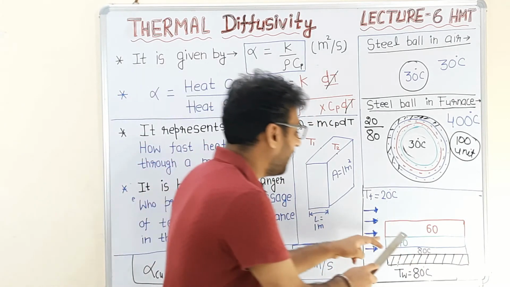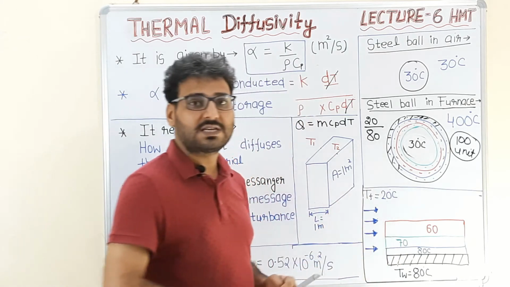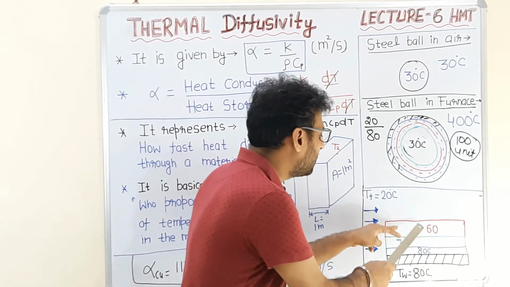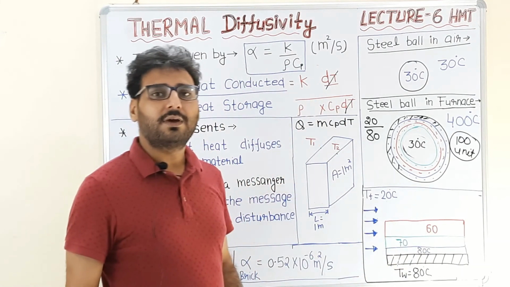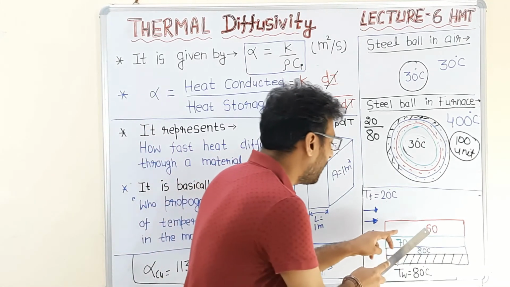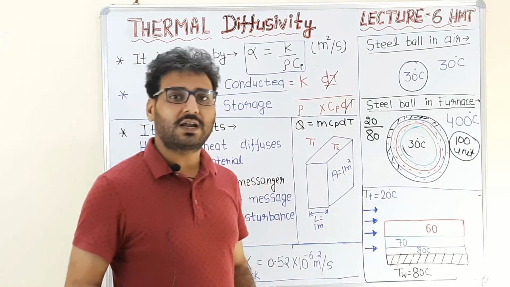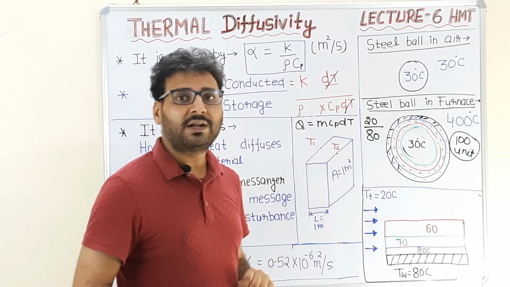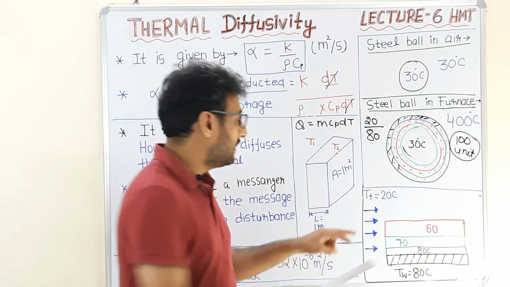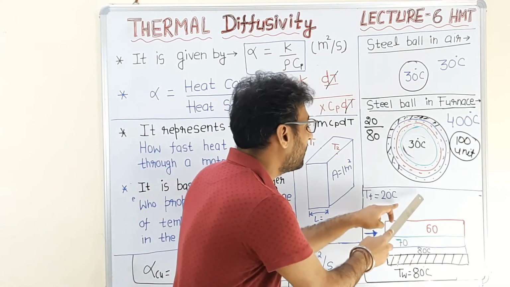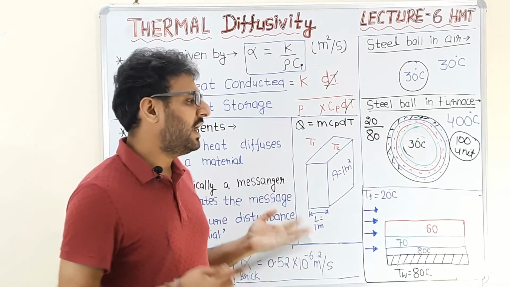If this messenger is able to convince the different layers that there is a disturbance in the fluid medium, and that they have to change their temperature by attaining heat to maintain equilibrium with this plate, then their temperature gradient will be high.